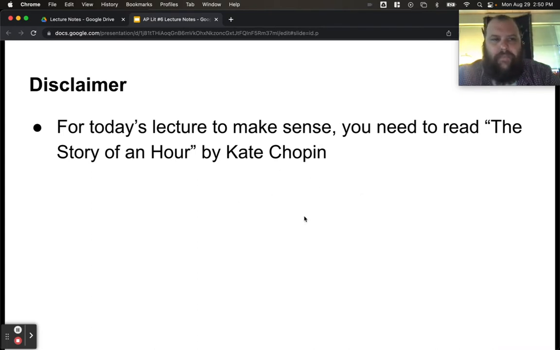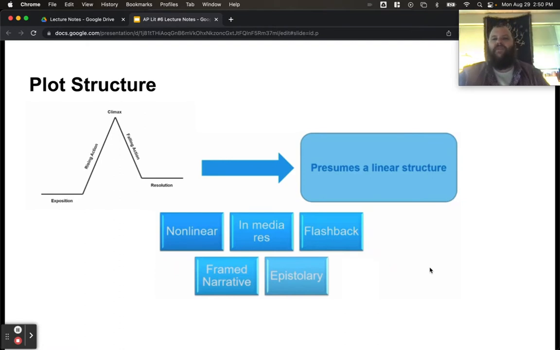All right. So last time we talked about the standard or traditional plot structure where you have exposition, then rising action, a climax, falling action, resolution, right? And we talked about how this assumes that a story has a linear structure. If it has a linear structure, then sure, it typically would follow that kind of shape.